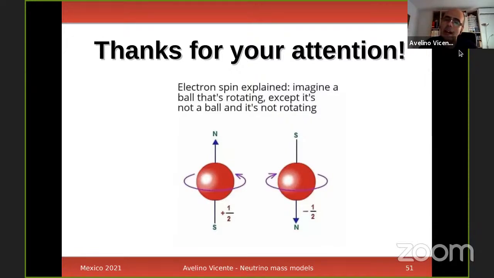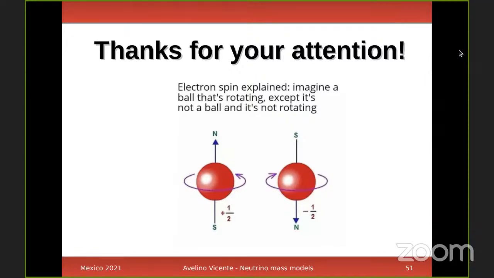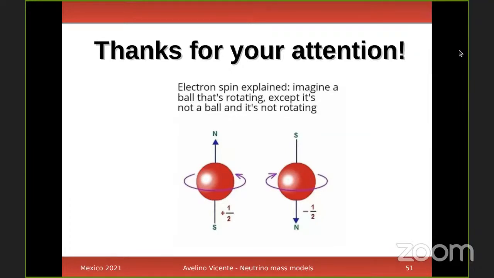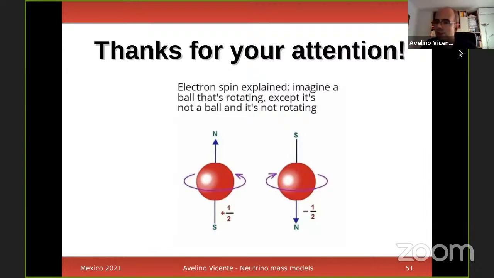With such small couplings, you cannot test the model. There is no way you can test the model because there is no effect that you can detect that can be associated to that coupling if the coupling is that small. So you can see it in a different way: we are discussing other models that give masses to neutrinos to convince ourselves that that simple solution is the one that is chosen by nature.